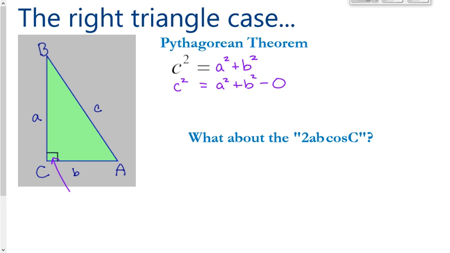For this special right triangle case, angle C measures 90 degrees. And what's the cosine of 90? It's actually 0. So I could replace my 0 with cosine 90 for this case.